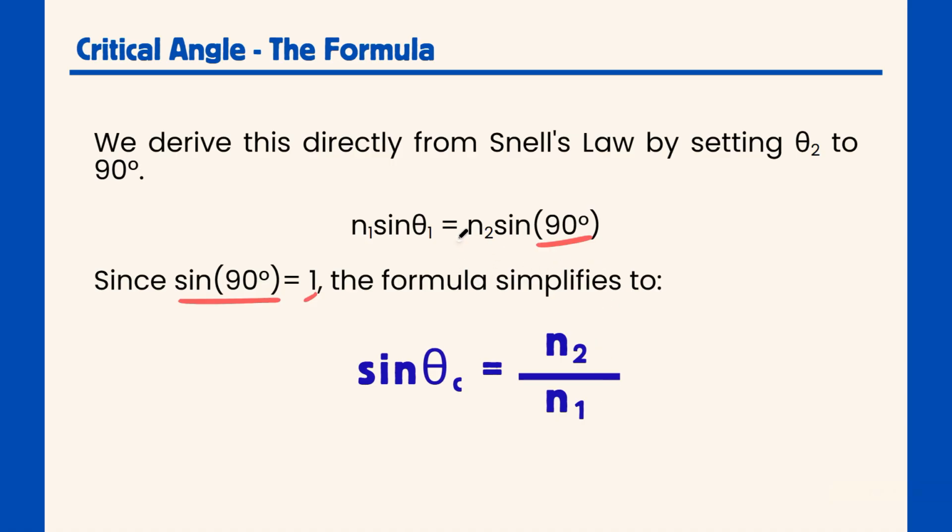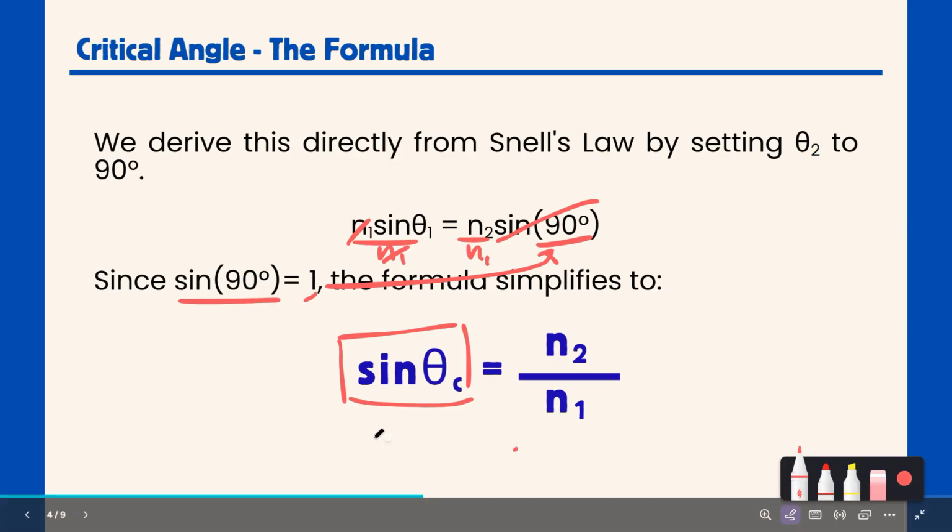Why? Because sine of 90 degrees is basically 1, so it disappears. And then you just divide both sides by n1 to isolate the sine. So that is how our critical angle formula is simplified into this.